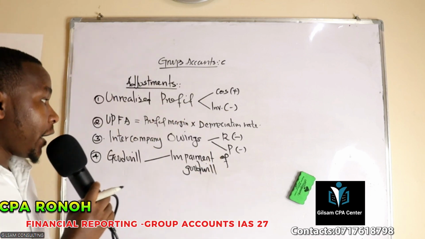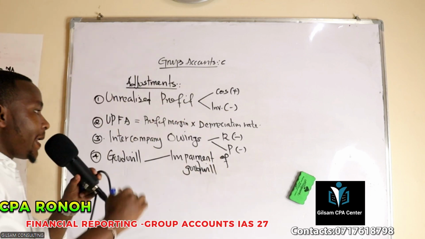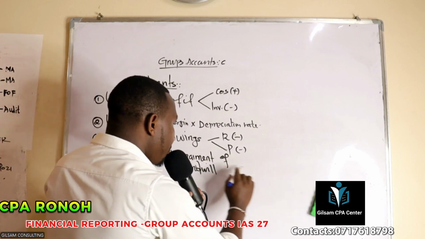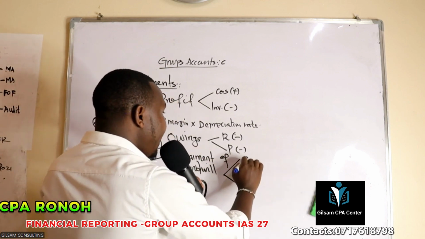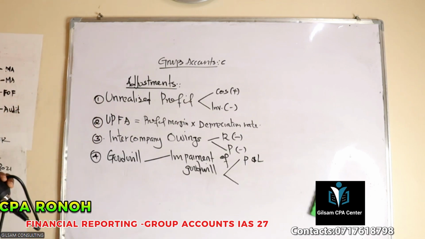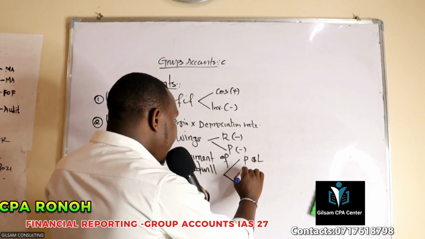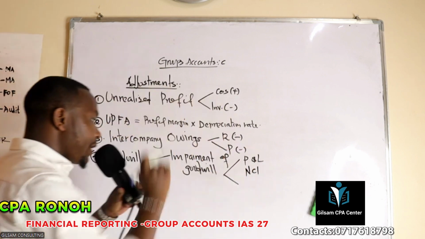Where do we take the impairment of goodwill? It will affect the P&L, the profit and loss account, and also it will affect the NCI.